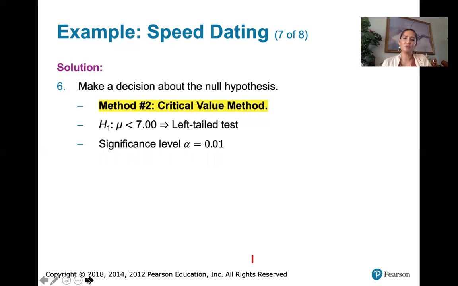So when we find our critical value, we want a z-score that will give us an area to the left of 0.01. So we're going to our table of values and we're looking in the body of the table for a probability or an area of 0.01, and then we want the corresponding z-value.